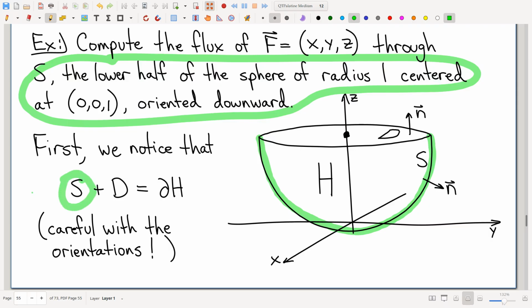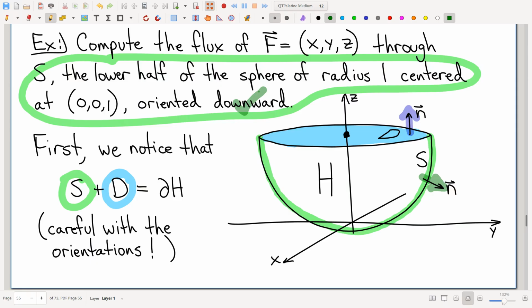This surface that I'm given, if I were to combine it with this other surface, D, not part of my original surface, and carefully orient that one that way, and orient S as we're supposed to, downward, between the two of them I literally am looking at the boundary of this solid that's contained on the inside.